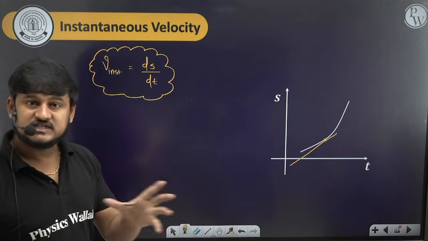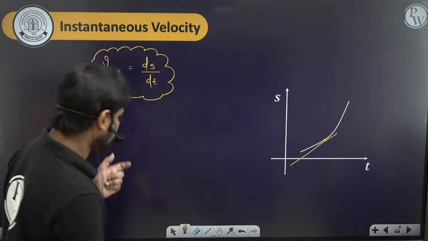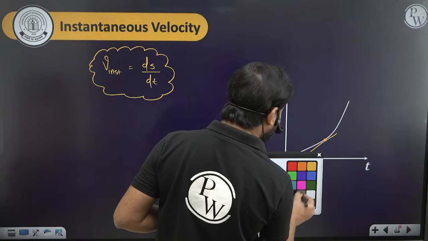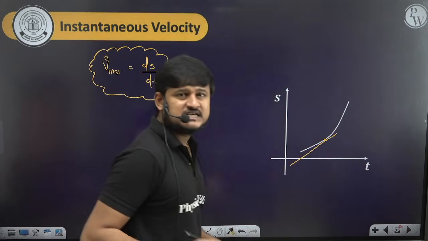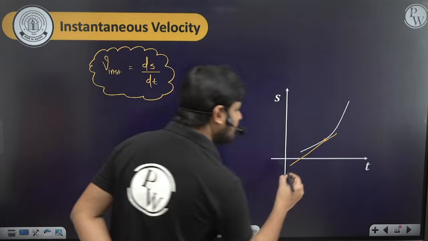The slope is nothing but the differentiation, the slope of the curve. Already we discussed this in the basic maths. So at whatever point you have to find the velocity, just draw a tangent there and find the slope.